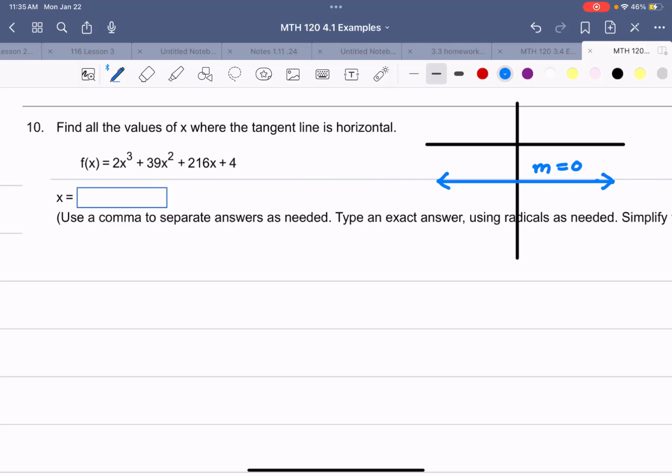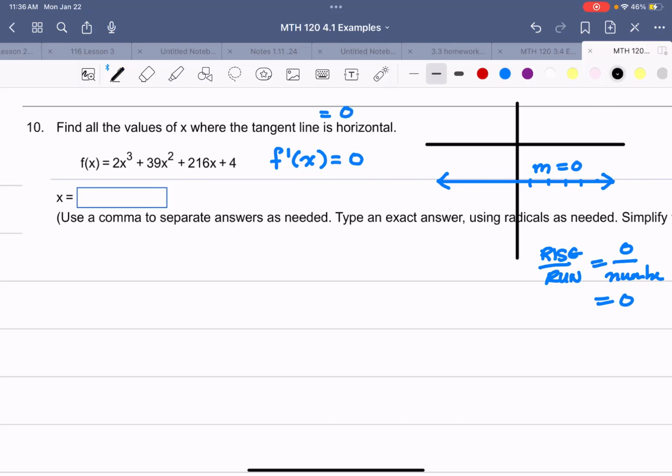Because there's no rise, remember the slope of a line is the rise over run, and then you have 0 over some number, and that's going to be a 0. It's not changing from one x to the next x. It's constant. So a horizontal line has a slope of 0. So what they're asking us to do is find where f prime of x is equal to 0. So horizontal means equal 0.